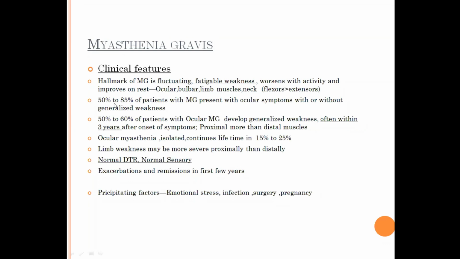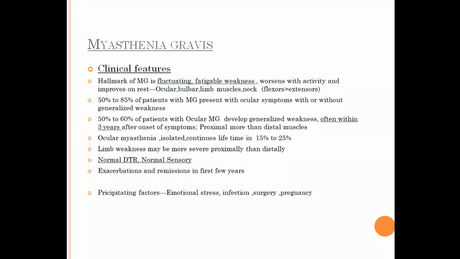Now, 50 to 85% will come with ocular symptoms for the reasons which I have explained. What is more important is 60% of patients with ocular myasthenia develop generalized weakness within 3 years. What does this mean? If the person with ocular myasthenia does not develop generalized myasthenia within 2 to 3 years, he will not get generalized myasthenia in the rest of his life.